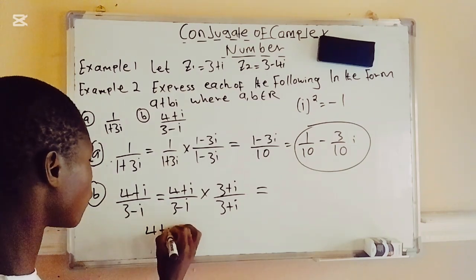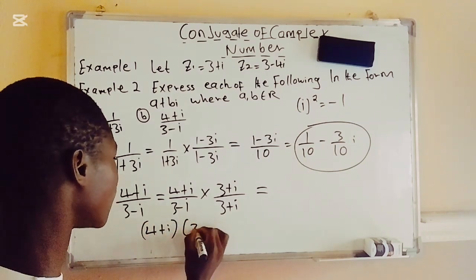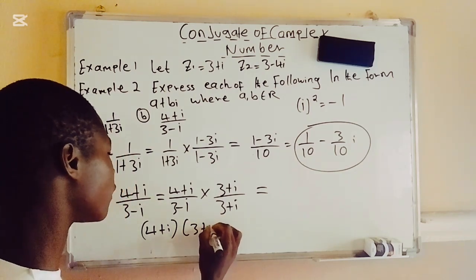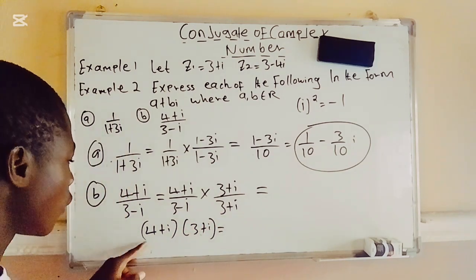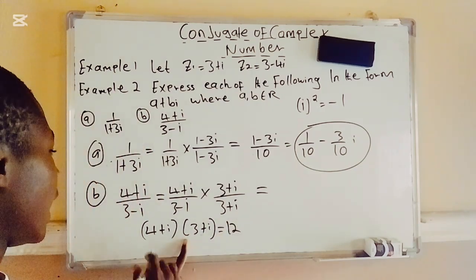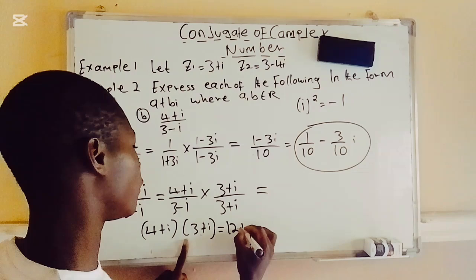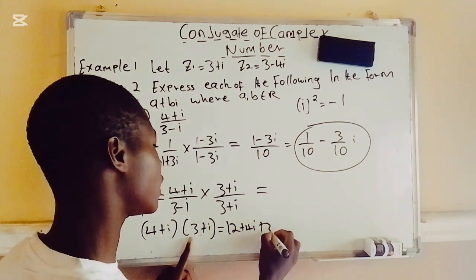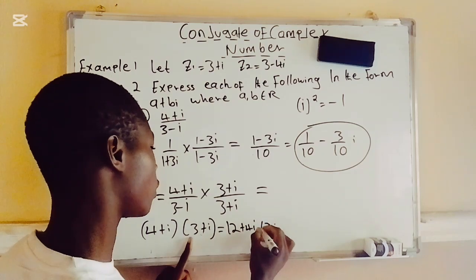So 4 plus i multiplied by 3 plus i equals 4 multiplied by 3, which gives 12. And 4 multiplied by i is positive 4i. i multiplied by 3 is 3i.